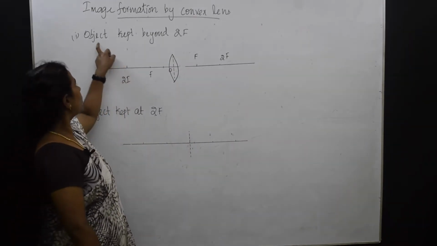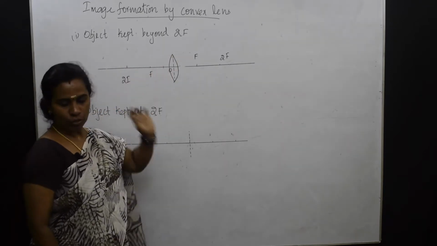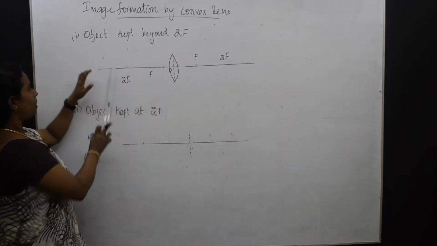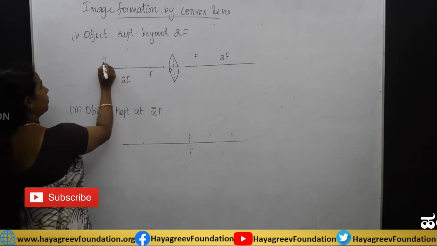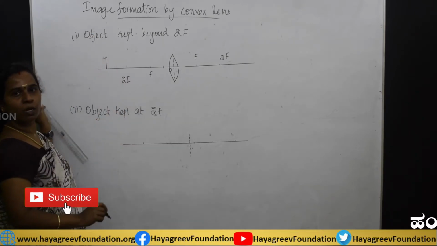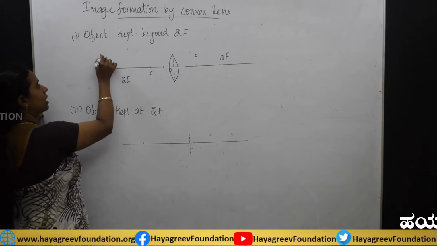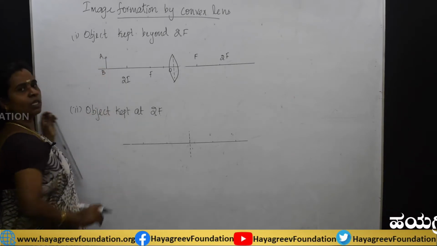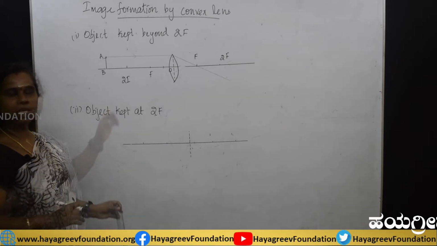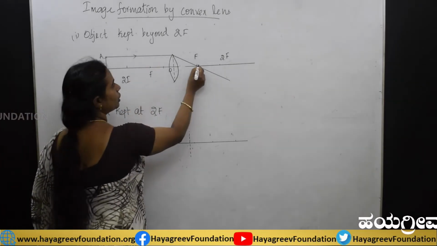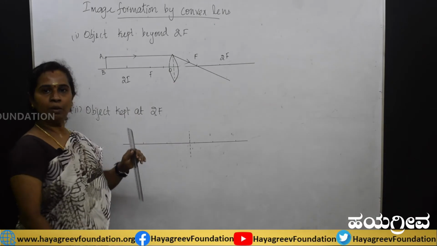Now we should keep the object beyond 2f. This is 2f. Beyond 2f we need to keep an object, with an arrow mark. This is nothing but AB. Two rays, I said, are enough to find the position of the image. After refraction, one should pass through the principal focus.